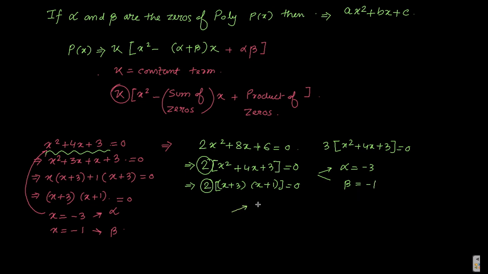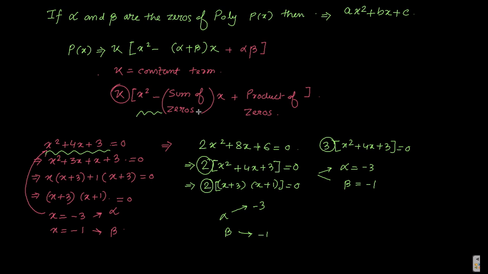Putting alpha as minus 3, the equation gives 0, and beta as minus 1 also gives 0. So whatever this constant is, 2 or 3 or 4 or minus 5 or minus 6, the actual form is x square minus sum of the zeros into x plus product of the zeros. That is the general form of the polynomial.